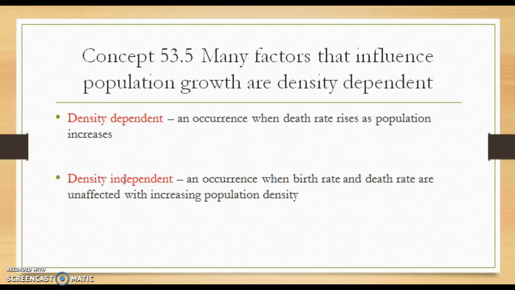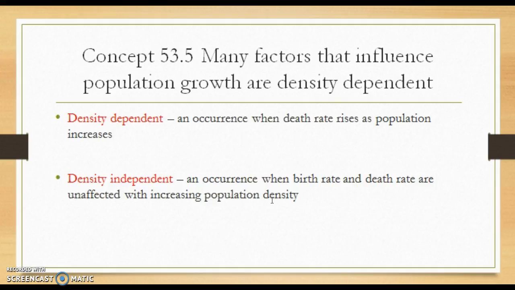Density dependent occurrences are things that cause death rates to rise as the population increases in size. Density independent occurrences have no effect on either the birth rate or the death rate as population increases in size.